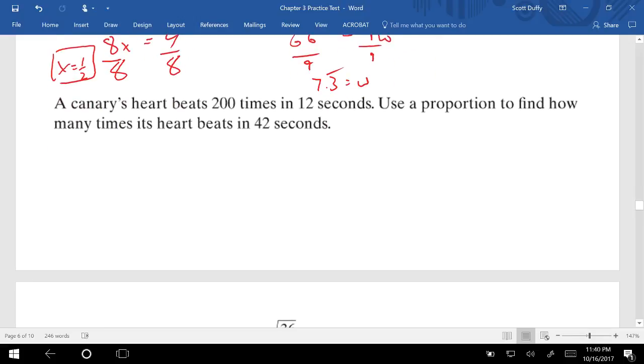A canary's heart beats 200 times in 12 seconds. So 200 beats per 12 seconds. Use a proportion to find out how many times the heart beats in 42 seconds. So if I put seconds on the bottom, I put 42 on the bottom. X. So 42 times 200.